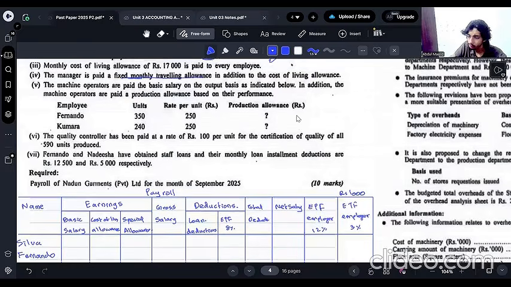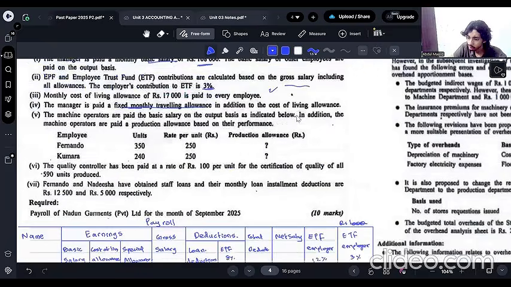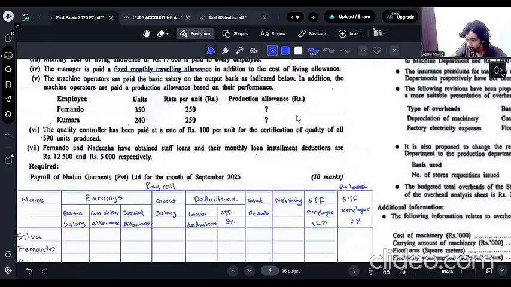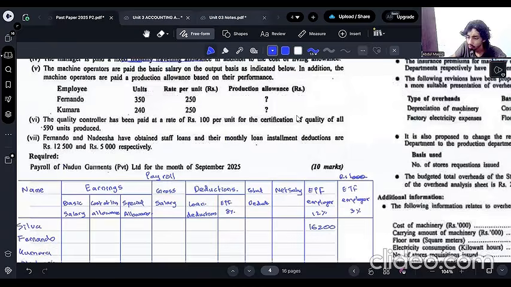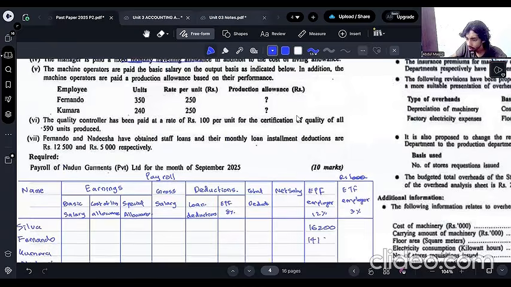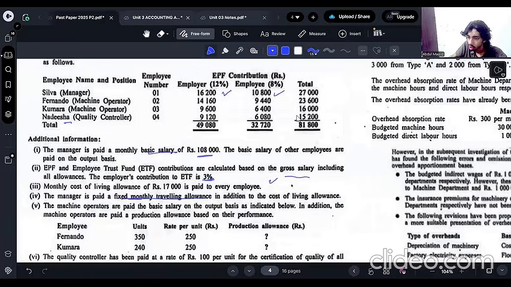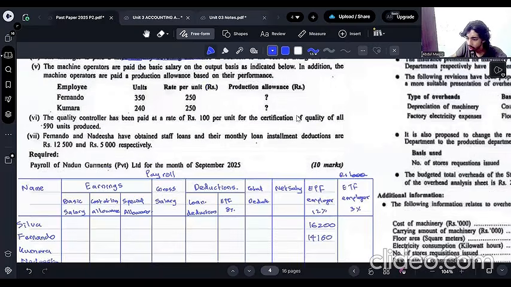We'll record it in rupees, no need for thousands, the values are small. Employer contribution: 16,200, 16,200, 14,160, 9,600, 9,120.